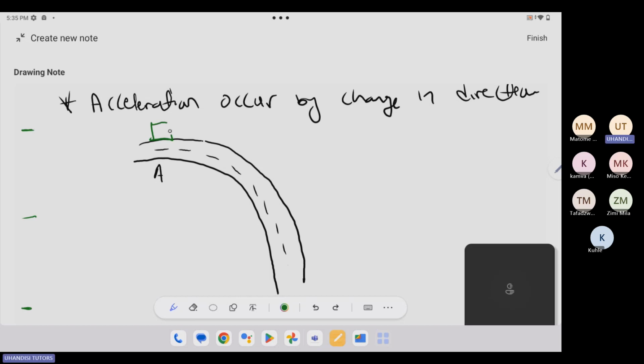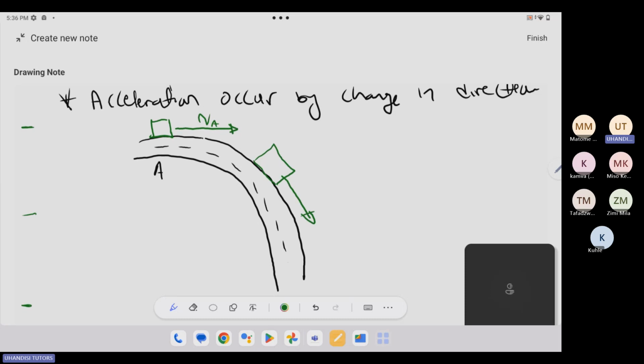So here it is. The object is pointed due east at point A, but now when the object is at this point here, its velocity vector is now pointed where? South of east.